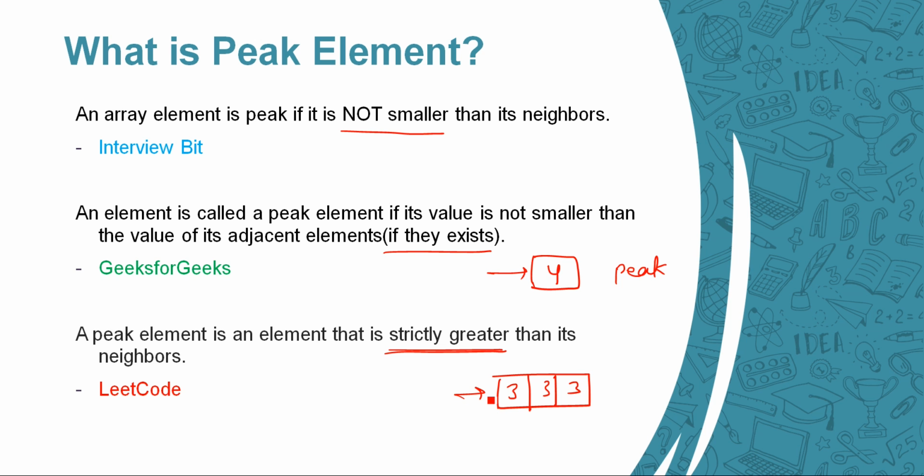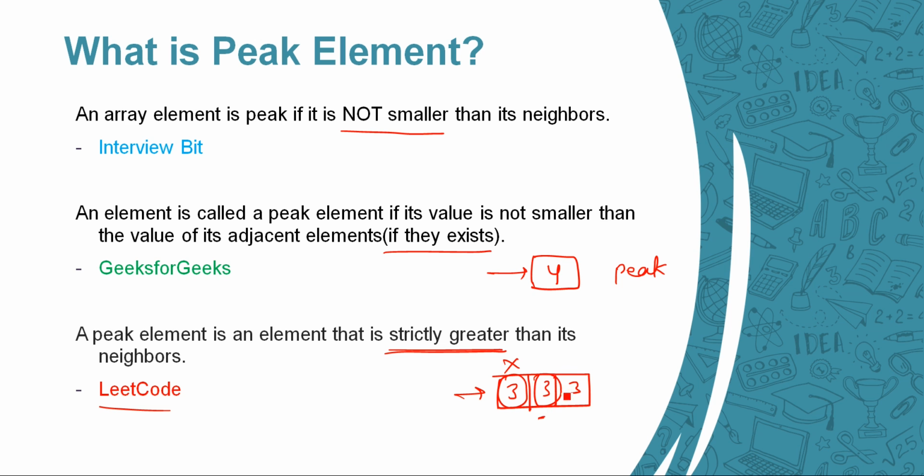This is our array, and according to LeetCode, the element should be greater than its neighbor, only then is it a peak element. In this case 3 is not greater than 3, right? So this is not a peak element.